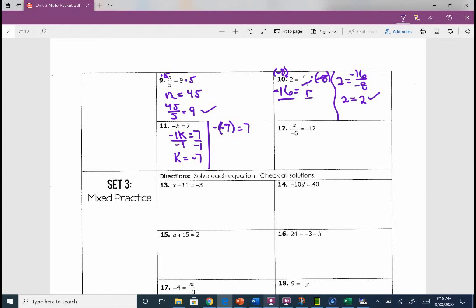Notice also, guys, when I'm checking my answers, I'm putting parentheses around there, same as number 7, same as number 8. Put parentheses when you substitute in. A double negative, what's that going to turn that 7 into? Negative negative is going to make it a? What do you think? Positive. So 7 equals 7. Yes, we did it right.